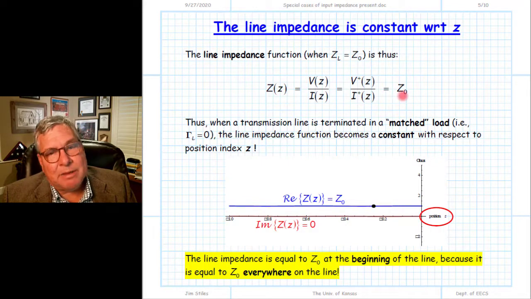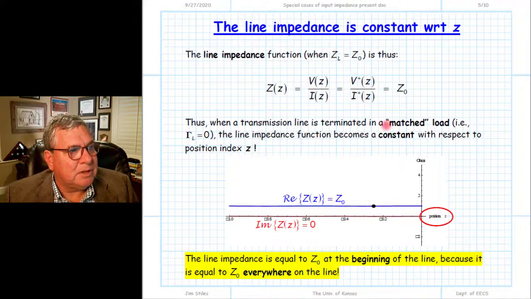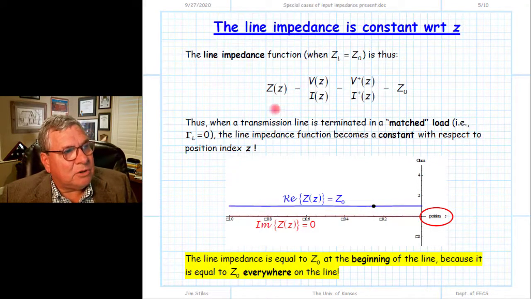The plus going electromagnetic wave creates both a plus voltage and plus current. They're manifestations of the same phenomenon, and therefore they are very closely and simply related by this equation. The plus wave current times Z0 is equal to the plus wave voltage. So in the case of a matched load, the line impedance function is simply Z0.